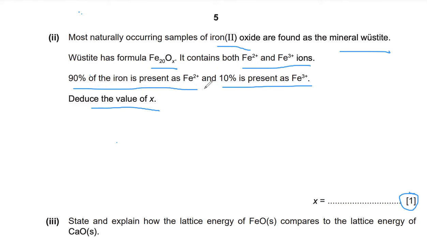So 90% of the iron is Fe plus 2, right? Which means that 90% of 20 would be 18, right? So 18 are Fe plus 2 and 2 are Fe plus 3.